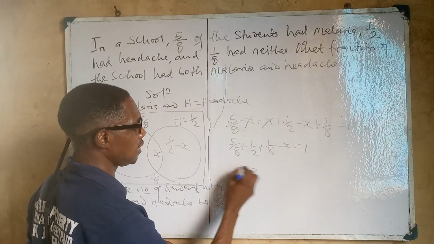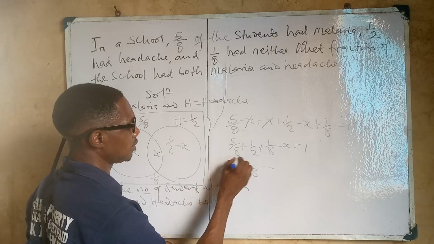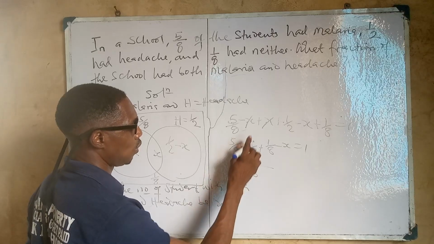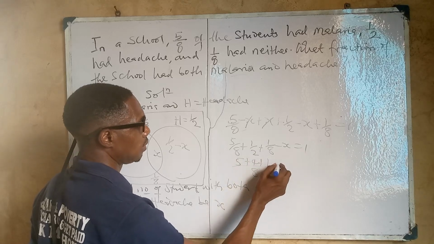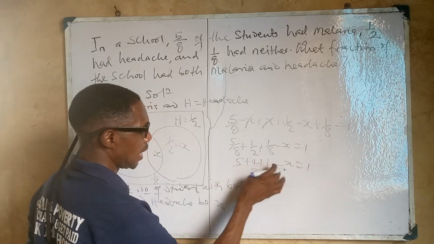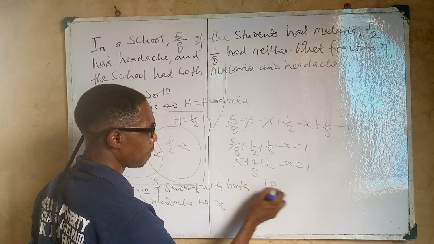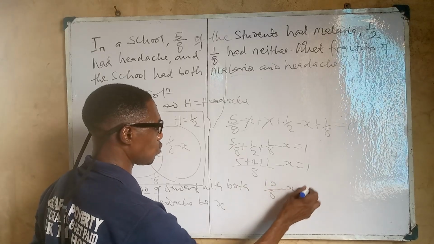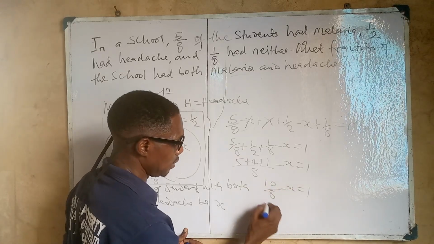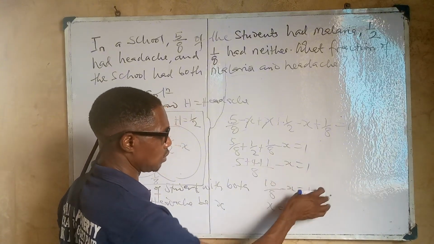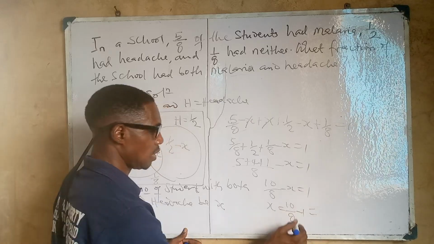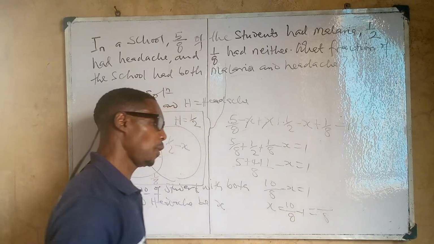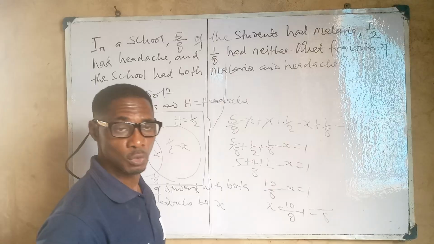Take the LCM, which is 8. 8 goes there: 1 times 5 plus 4 times 1, 4, plus 1, add up this, 10/8 minus x is equal to 1. It means here x is equal to, taking it to the other side, 10/8 minus 1. The LCM is 8 here. I hope you follow what I'm doing.